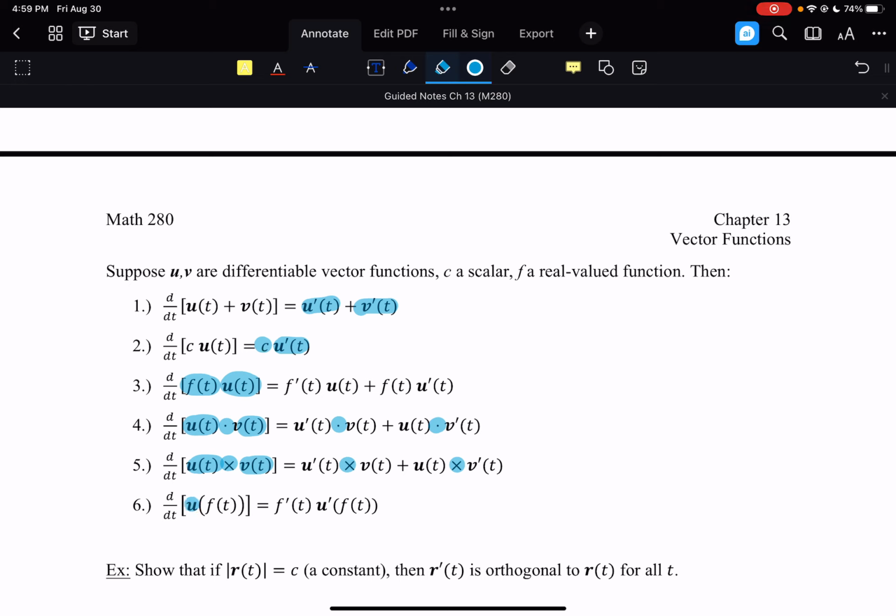And if we have a function u of f of t, so we have a scalar function inside of the vector function, then we employ the chain rule. So we take the derivative of the outside function times the derivative of the inside function. Okay, so all of these rules should look just like the ones you remember from Calc 1, but of course with our vector spin on them a little bit.